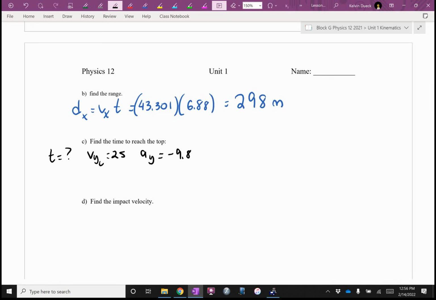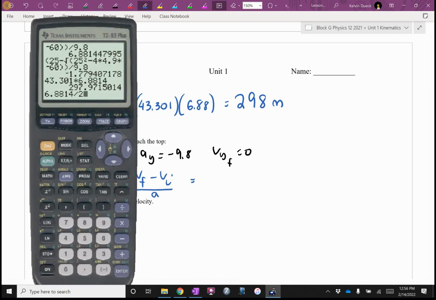I'm also dropping you a hint about that question. Okay. Anyways, Vy final is 0. Now this is physics 11. I think T is going to be Vf minus Vi over A. I'll just make sure everything in there is vertical. Don't you dare put a horizontal into a vertical.